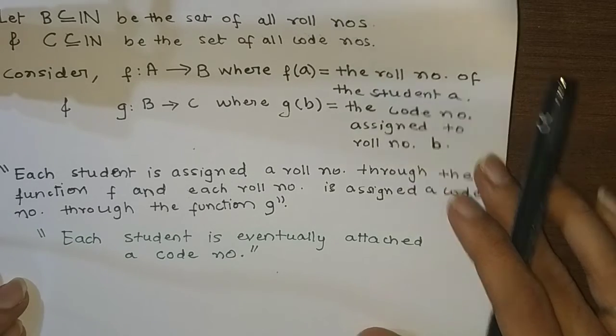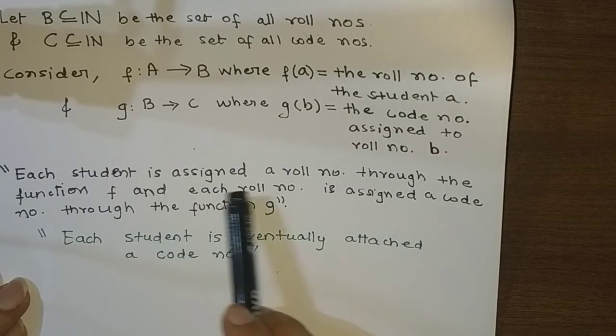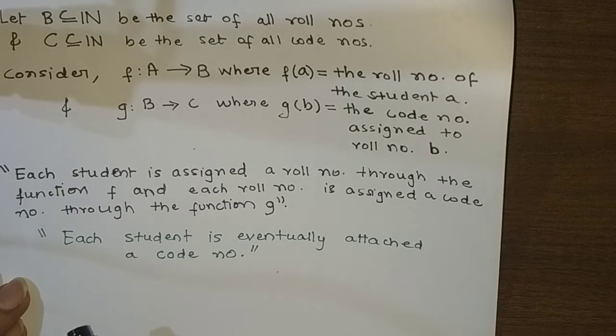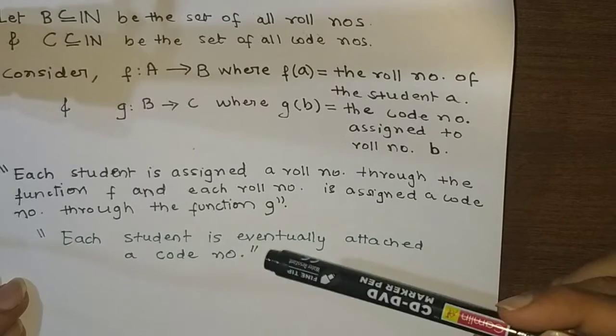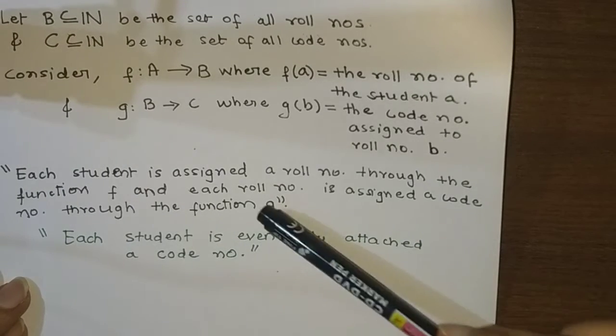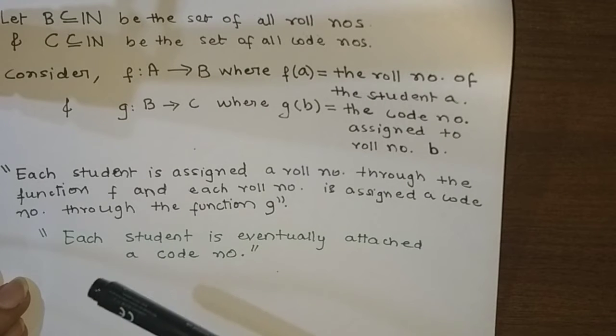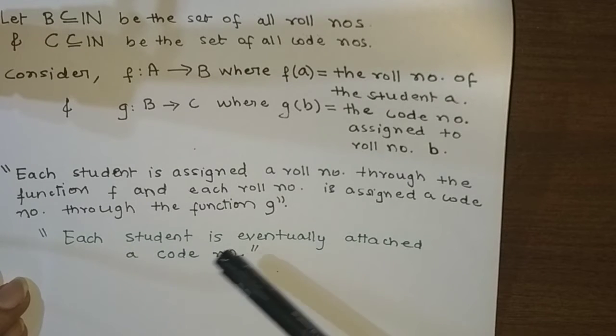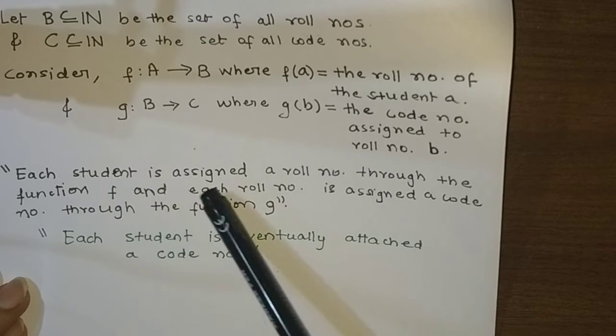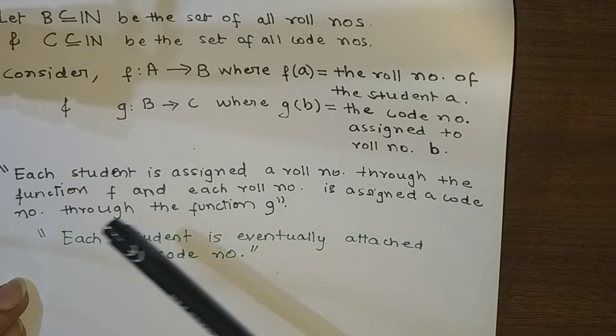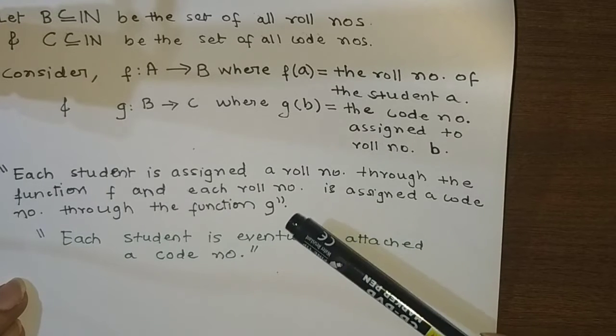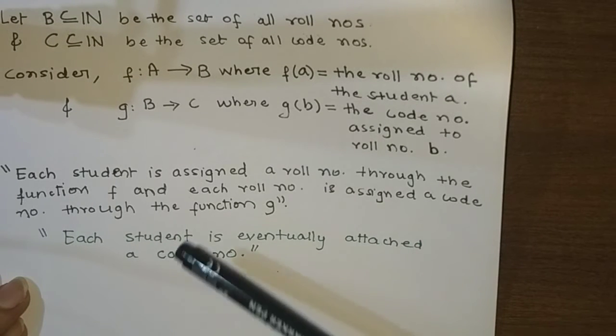So we get that each student is assigned a roll number through the function f. And each roll number is assigned a code number through the function g. So if you combine these two functions f and g, what you are getting is each student is eventually attached a code number, because each student is assigned a roll number through the function f, and each roll number is assigned a code number through the function g.